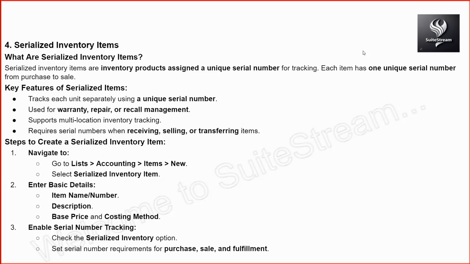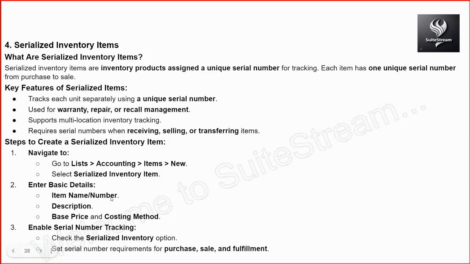Steps to create a serialized item. How to navigate to the place where we can create it: go to List, Accounting, Items, New. From there we need to select the serialized item.